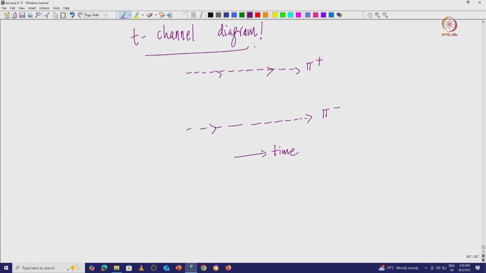It comes in at the vertex, it goes out of the vertex, it comes in the vertex, it goes out, but then it exchanges a photon. In this particular fashion, essentially it can exchange a photon. This is called a T channel diagram.